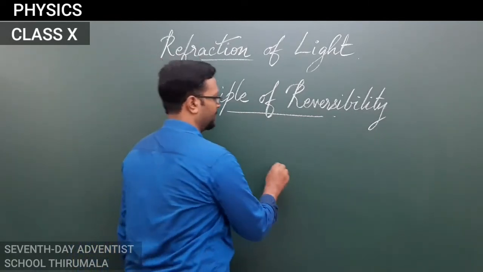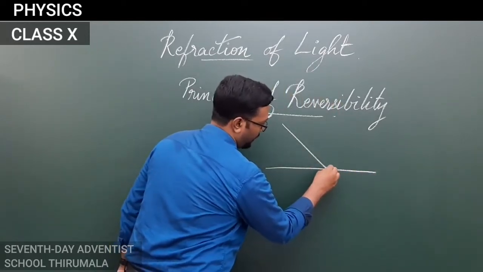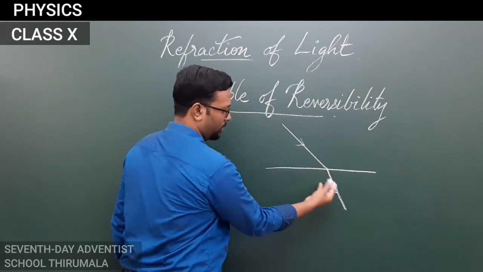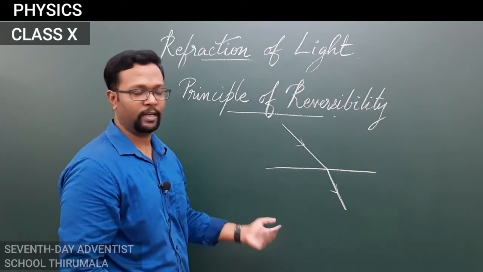For example, if a light ray is traveling from a medium into a denser medium, we know that it will bend towards the normal. This is what we have been studying under refraction of light.